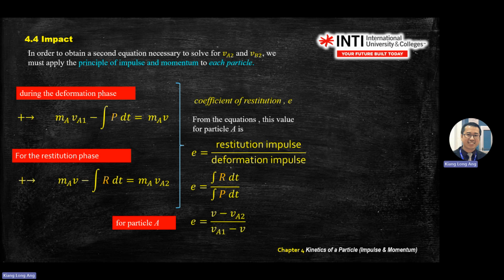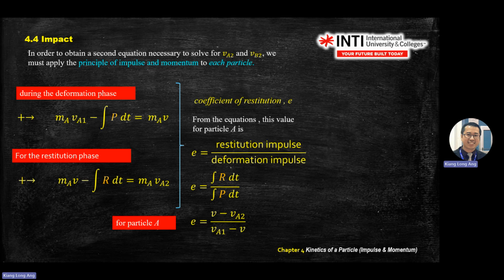So if you take the two equations together, you take this equation divided by this equation. This is the restitution impulse, which is this one. When you move this minus to the right hand side, and this one to the left hand side, you get mVA minus mVA2. You pull out the m, and you get V minus VA2.